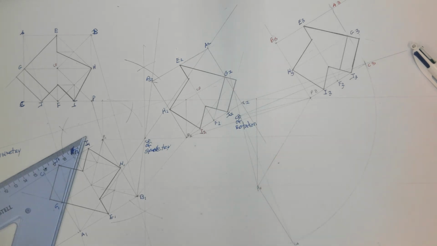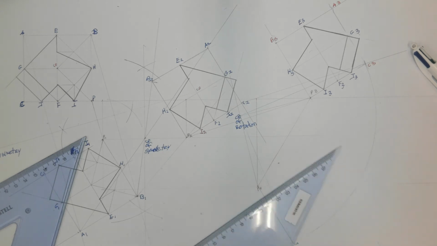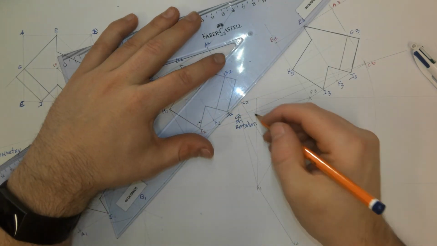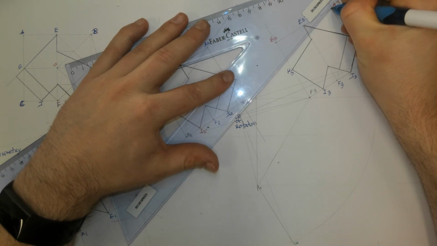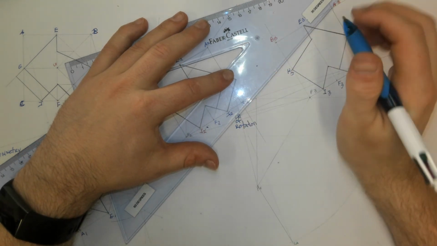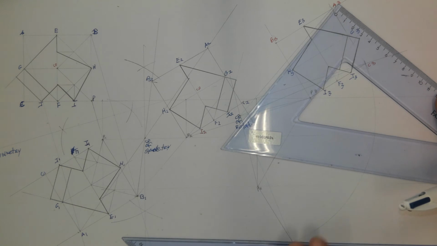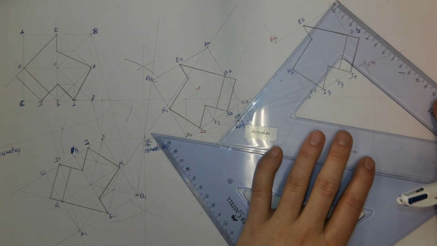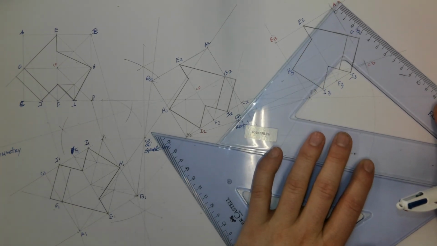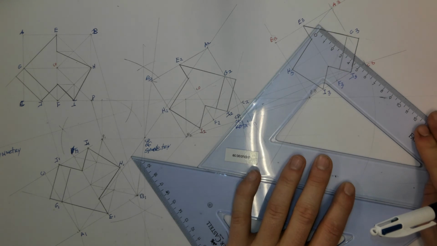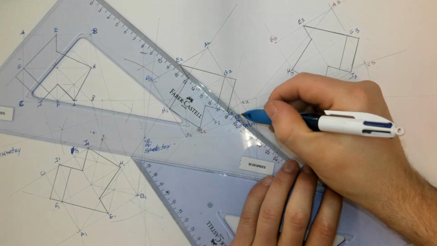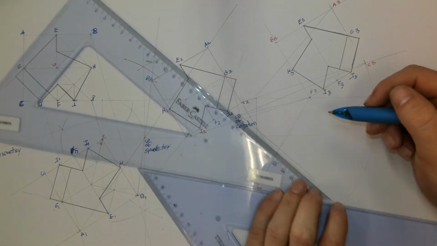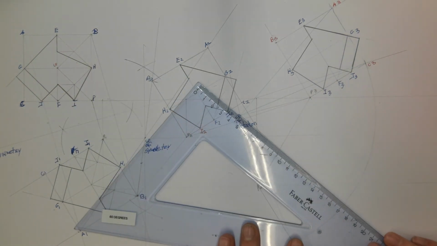Now, I want to get one more, just so I know how the square is going to line out. So I'll join A3 to the center point of rotation. So I'm going to draw that in. Now I'm going to mark an angle of 90 degrees to that line CP to A3. So A4 is going to be along this line here.